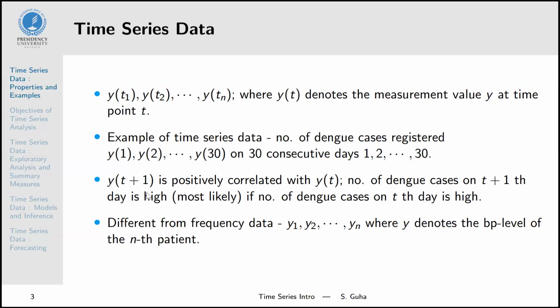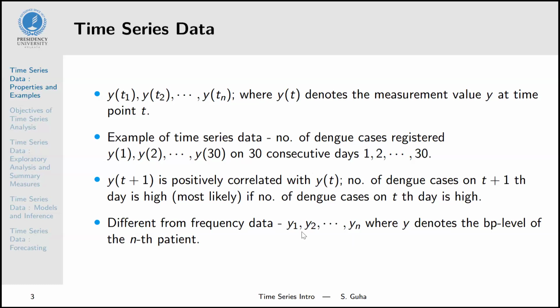That means yt+1 is very highly positively correlated with yt. The number of cases on the t+1th day is positively correlated with the number of cases on the tth day. This sort of observation is not visible when we deal with the usual kind of data.